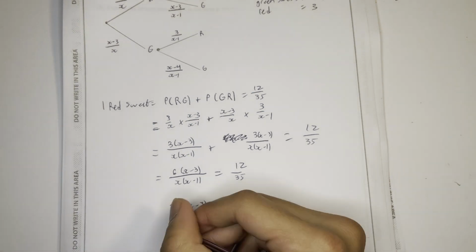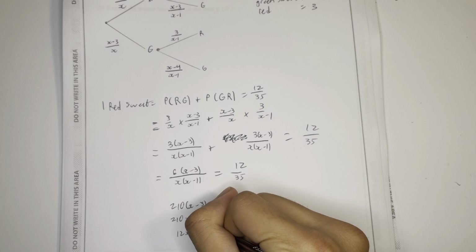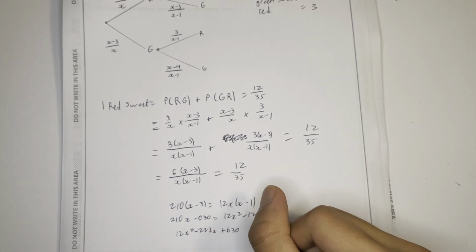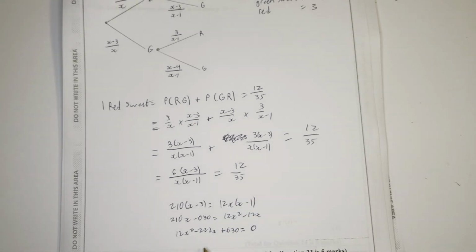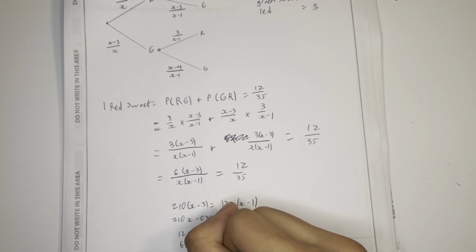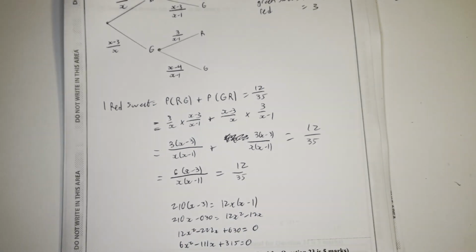And all collected onto one side to give 12x squared minus 222x plus 630 equals 0. Dividing both sides by 2, we have 6x squared minus 111x plus 315 is equal to 0.